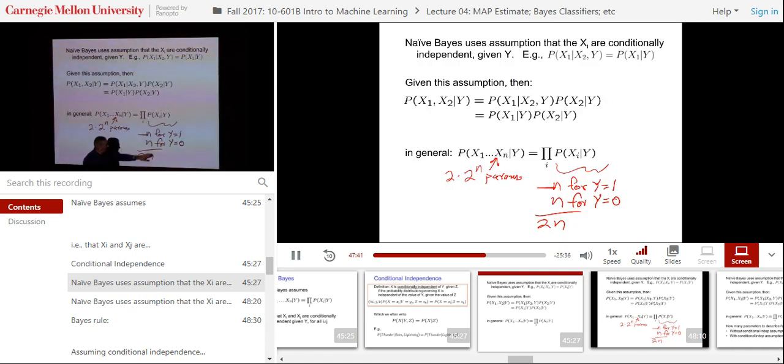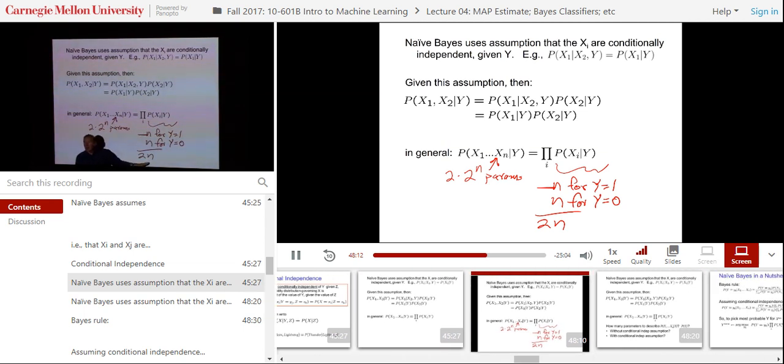Whereas here, when we shrink it to something we can represent in terms of just 2n parameters, there are going to be probability distributions that assign probabilities to joint assignments of x1 through xn in different ways that we're just not going to be able to capture with only 2n parameters. So we're sacrificing expressibility in representing the true probability distribution in exchange for getting a cut on the number of parameters we're actually going to estimate.